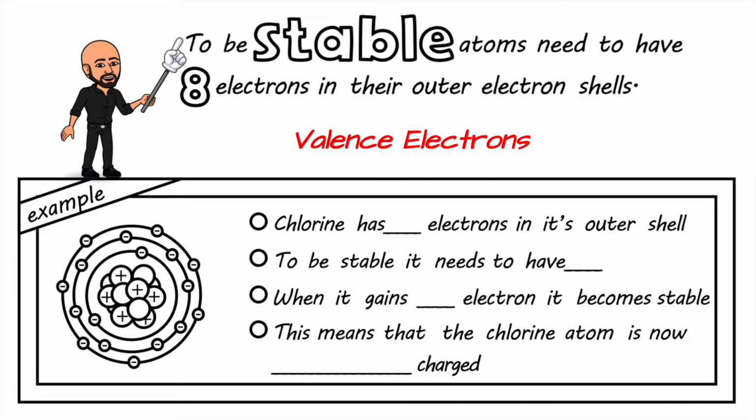Because everything we've been doing so far are neutral atoms, so the number of protons will equal the number of electrons. Therefore, the atomic number will tell you the number of electrons overall in a neutral atom. But then you're going to have to do a little calculation with the number in each orbital to find out how many are in its outer shell. So take a second right now, look that up, and see if we can find how many electrons are in chlorine's outer shell.